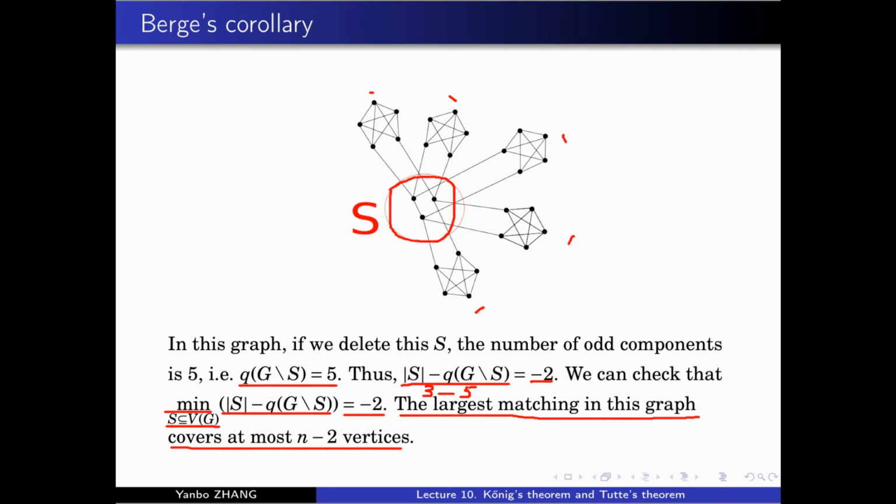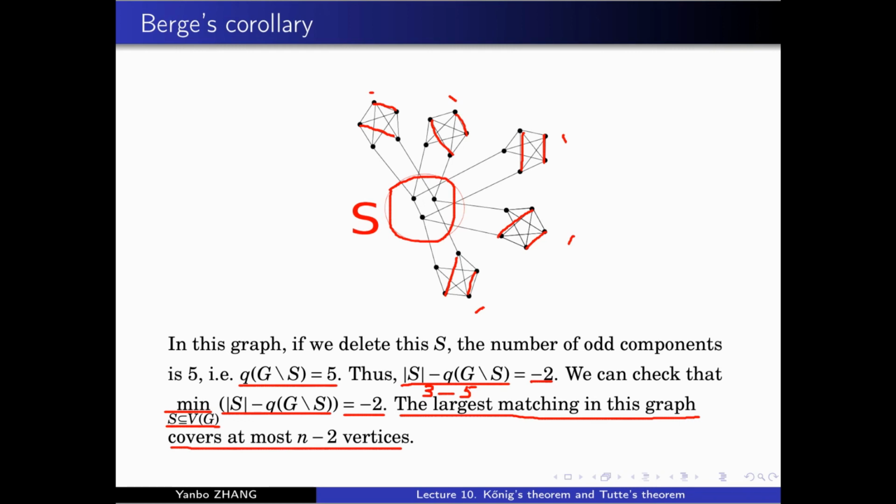Why? Here in this example, to find a largest matching, in each odd component, we can find at least 2 edges in the matching. 1, 2, 1, 2, 1, 2, 1, 2, 1, 2. So there are now 10 edges in the matching.